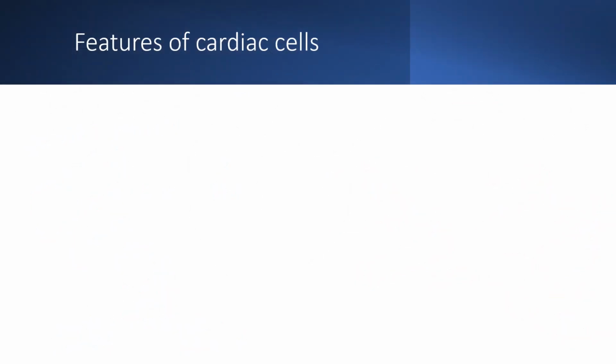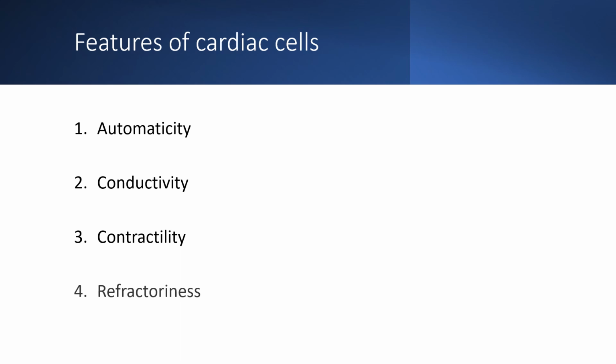So what we're now going to look at are features of the cardiac cell, and there are 4 features of the cardiac cell: automaticity, conductivity, contractility, and refractoriness. First let's look at conductivity.